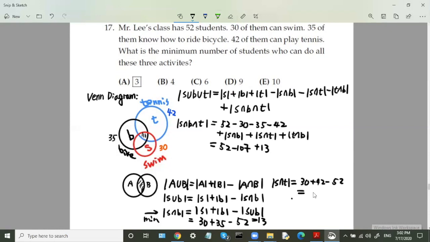So that's 20, and the T and B intersection equals 35 plus 42 minus 52, so equals 25. So we add 20 and 25. So total would be equal to 3. Okay, so we got our answer is A, 3.